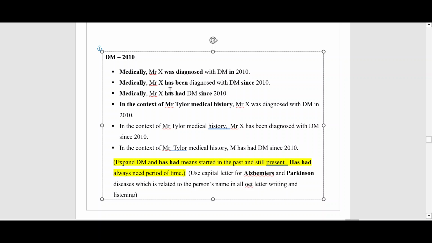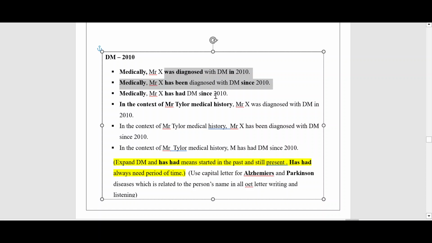So there are three ways of writing, but the reason I'm not asking you to write all of these is that we are writing again in the present medical history. In the present medical history, we have to write when he was diagnosed with this condition. Again you are writing in the past medical that he was diagnosed. It is a repetition, right?